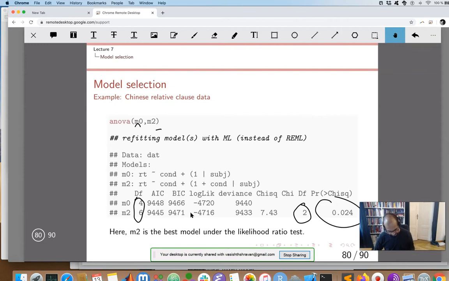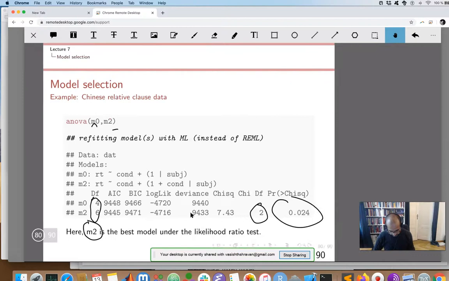Okay, so under this likelihood ratio test, using raw reading times, M2 is the best model. And in fact, what we are seeing here is that the situation just happens to turn out such that Barr et al.'s methodology would give us the same conclusion as we get from the parsimonious mixed model approach.